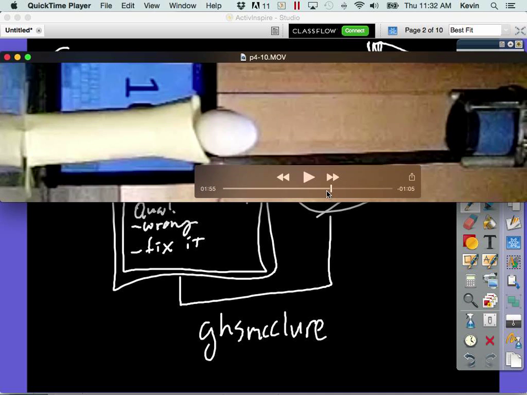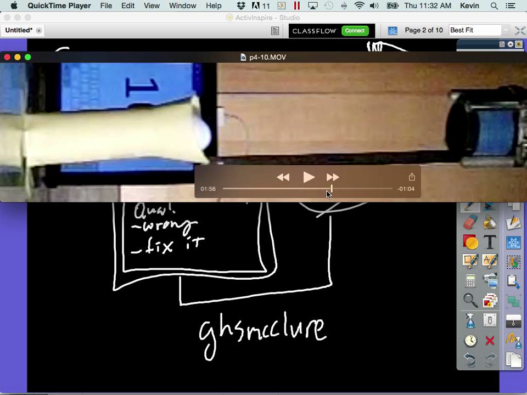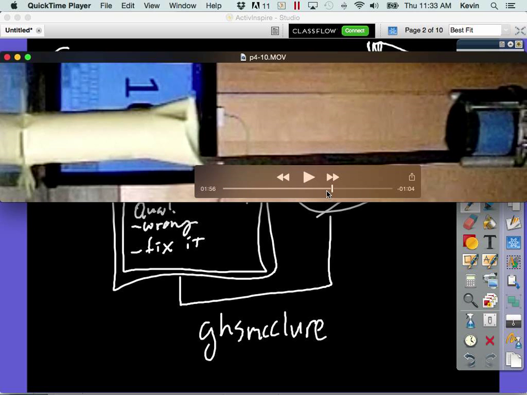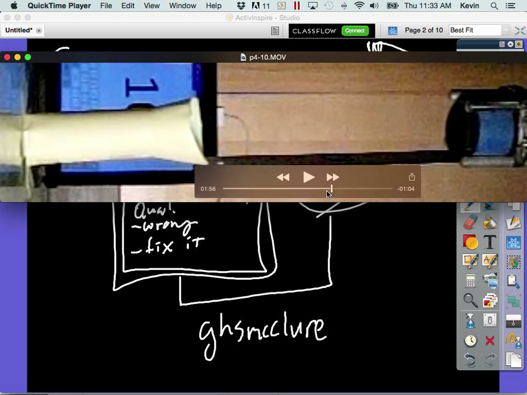If we keep going, you should be able to see when the egg starts touching the catcher. There. Oh, maybe there. Anyways, you can see, I think it's right there.